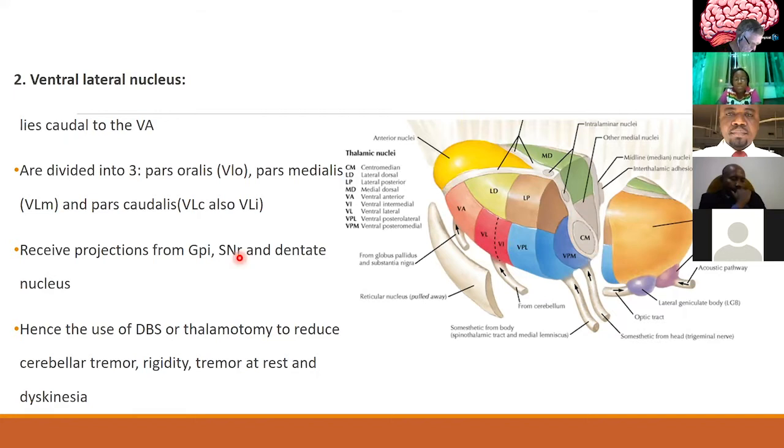Additionally, it also receives projections from the dentate nucleus. Hence, it plays a role in motor regulation. Hence, the use of deep brain stimulation of the ventral intermediate nucleus or thalamotomy to reduce cerebellar tremor or dyskinesia.